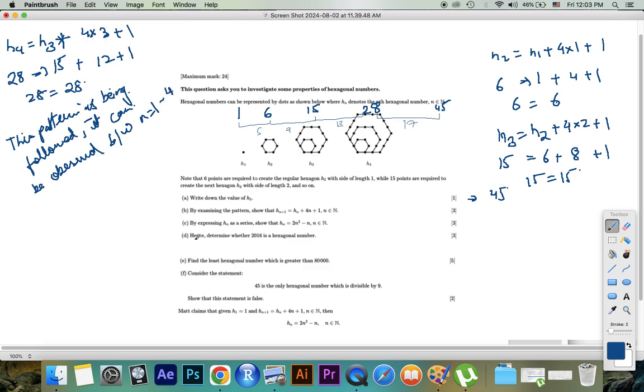So it's working out. Okay, now let's see, by expressing hn as a series. So now it's series. Okay, so what types of series are there? One is arithmetic and one is geometric. That's what we know. Okay, now arithmetic can have a common difference like this, 1, 3, 5, 7.